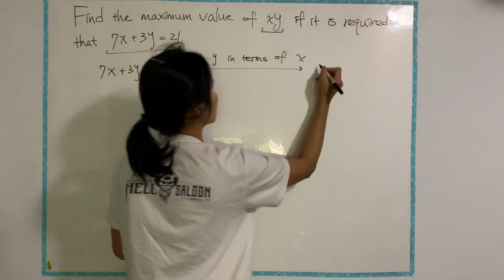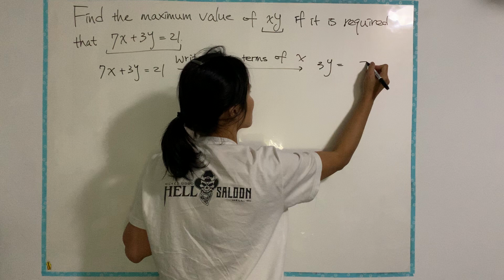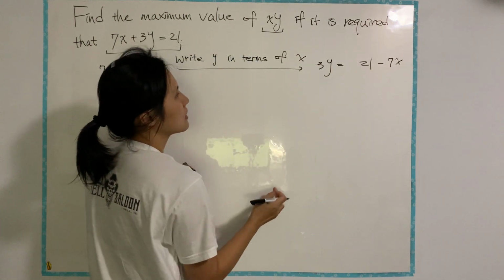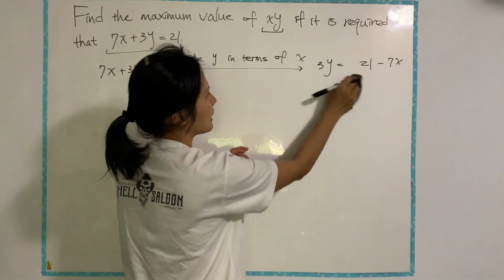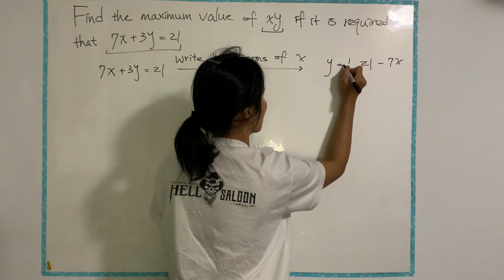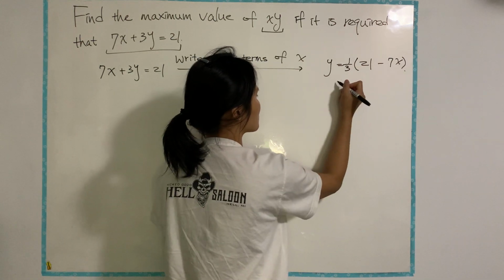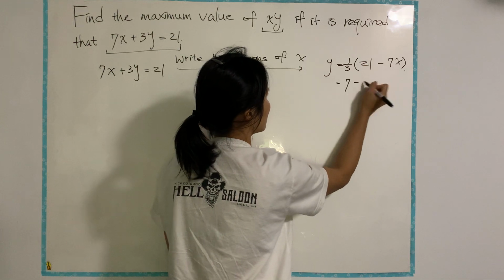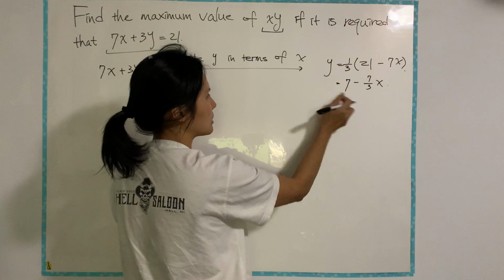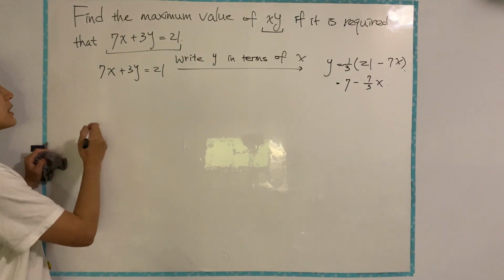Then we have 3y equals 21 minus 7x. And let me divide both sides of the equation by 3. So this becomes 1/3 times 21 minus 7x. So that is 7 minus 7/3 x. So y is related to x through this function, okay?